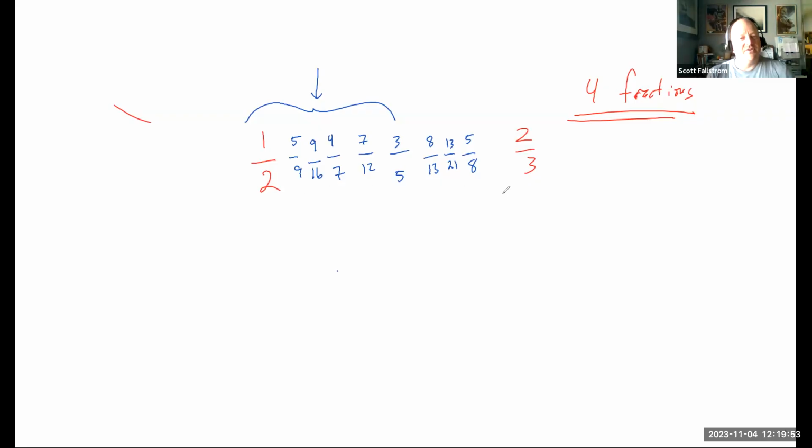But if I wanted 8 fractions to form an arithmetic sequence, then I'd have to say that I really want 1/2 to be over here, and I want to go 1, 2, 3, 4, 5, 6, 7, 8, 9 steps, plus 9 steps. That has to get me to 2/3. And if I want them to be equally spaced, I have to do something like creating an arithmetic sequence.